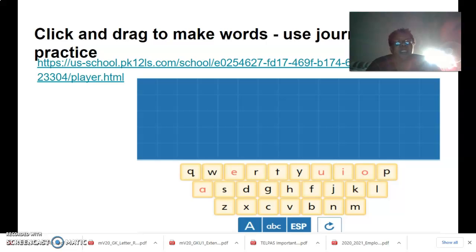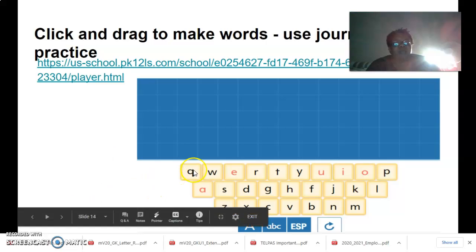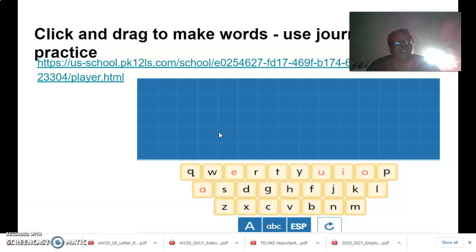I put the link in the Google Classroom, and I can send it to your teacher so that they can add it to their Google Classroom, and they can just slide and pull letters to the screen to make words instead of always having to write the words.